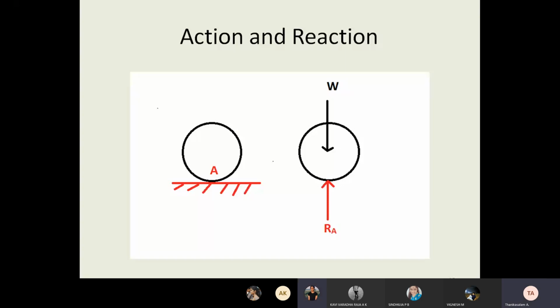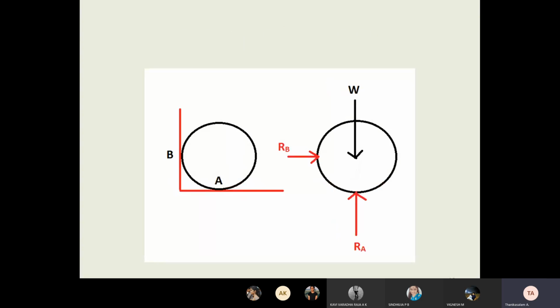Okay. Now see this picture. Now the ball is resting both on a surface and a vertical wall. Two places: the ball is resting on the horizontal surface and the vertical surface. Therefore, how many reactions are here? Two forces.